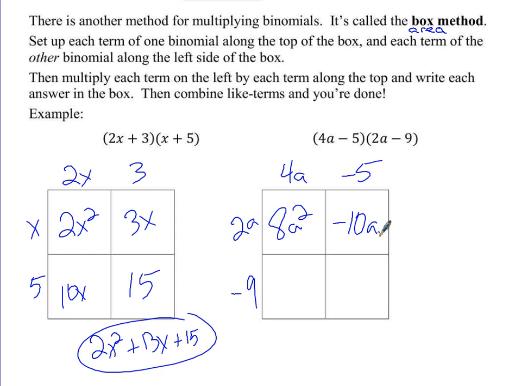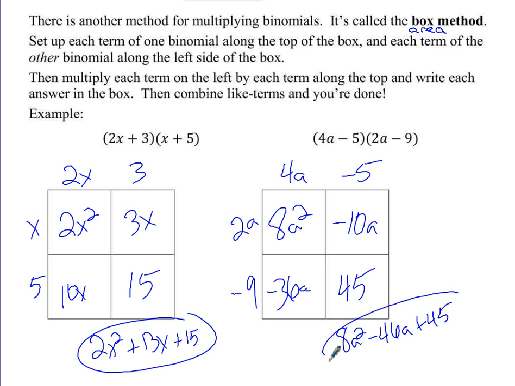And the same thing happens here, -9 for that length, 4a for that length, and I wind up with -36a. And then +45. So then I combine like terms as I write these things down. What's my answer? And that is the answer.